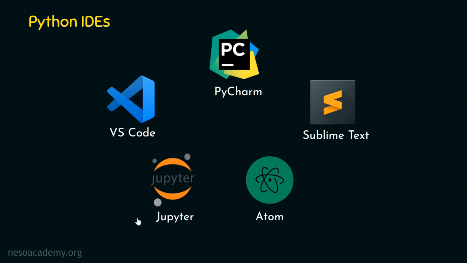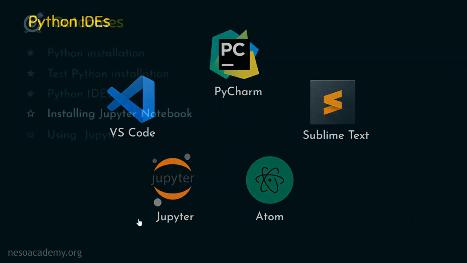Among all this, we will be proceeding with Jupyter Notebook. Jupyter Notebook is an open source web application that we can use to create and share documents that contain live code, equations, visualizations, and text. So here we learned about a few popular Python IDEs.